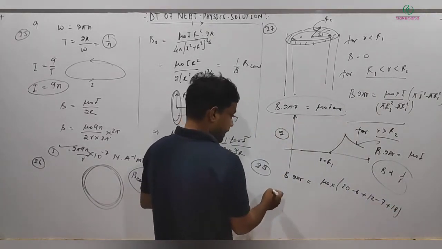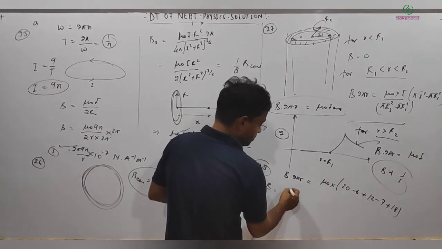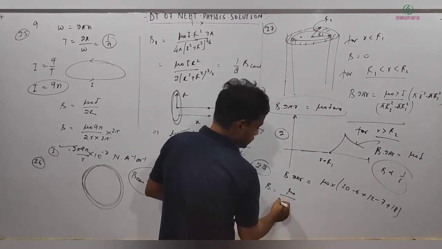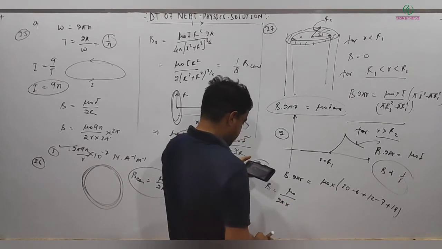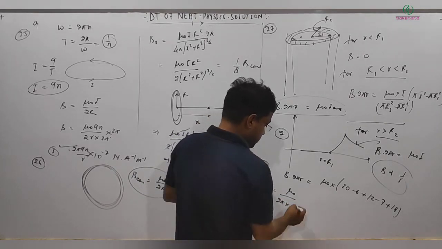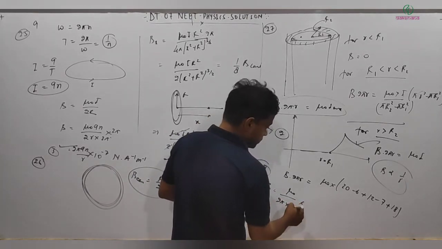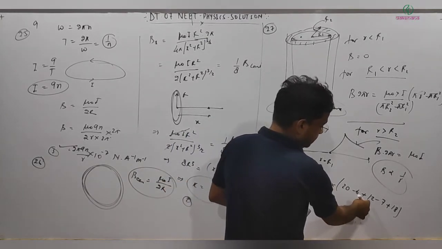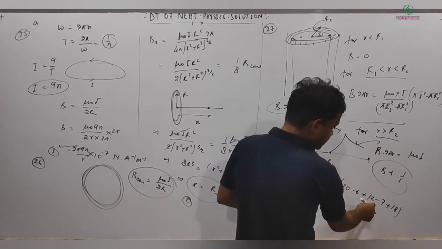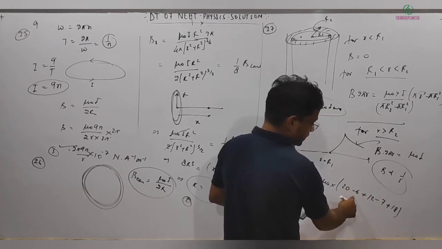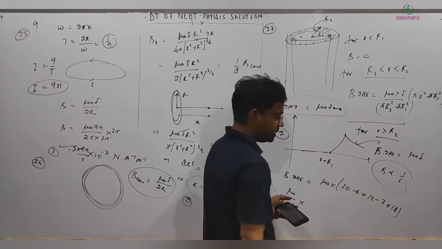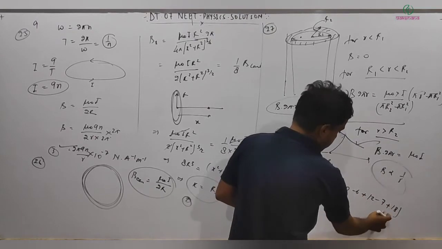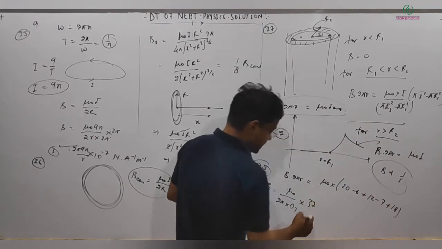Simplifying, B equals mu naught by 2 pi into the current over r, where r is given as 10 centimeter, so it's 0.1. Adding the currents, it comes out to be 37.